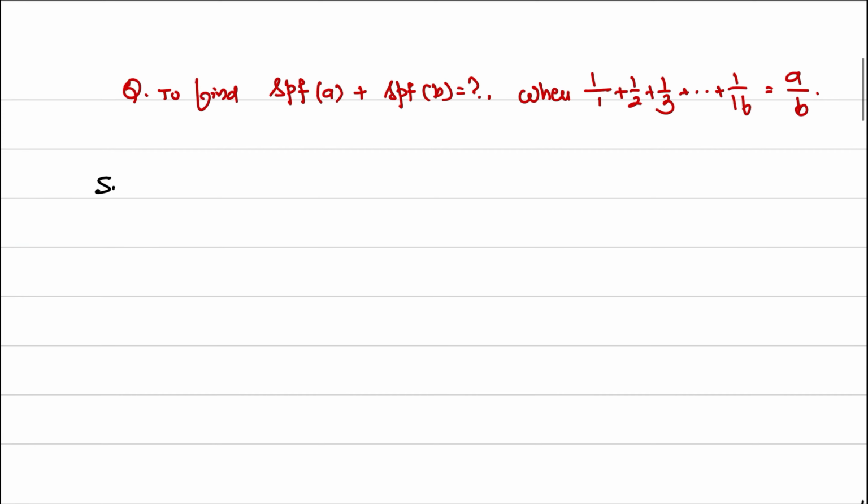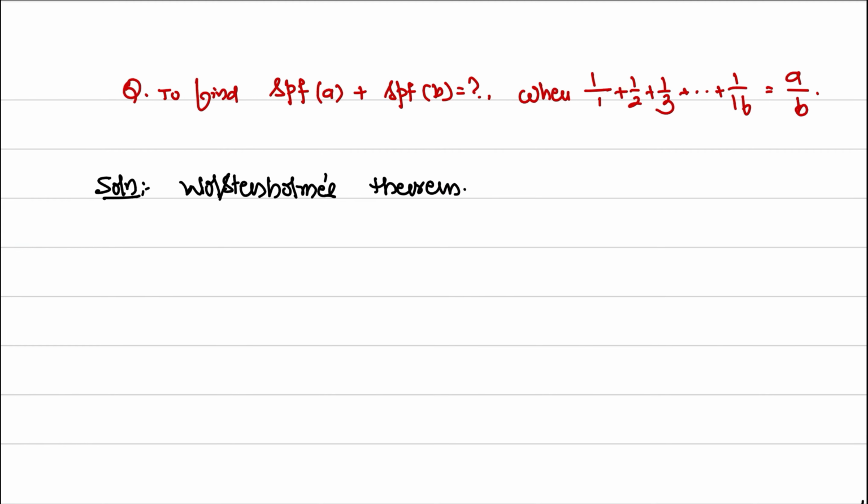To solve this, we will use Wolstenholme's theorem.